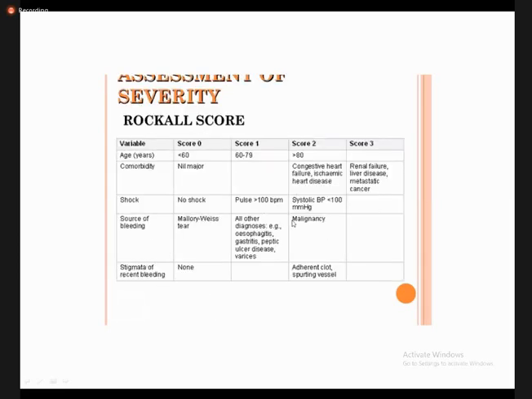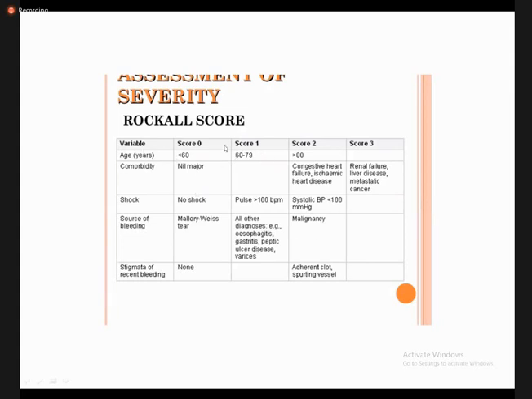So these are a few of the severity scores based on which we assess which patient needs immediate endoscopy, which patient needs ICU admission, which patient needs ward admission, which patient can be sent back home if no evidence of acute bleed, and endoscopy can be performed later. So for third years, you do not need to learn the entire score.